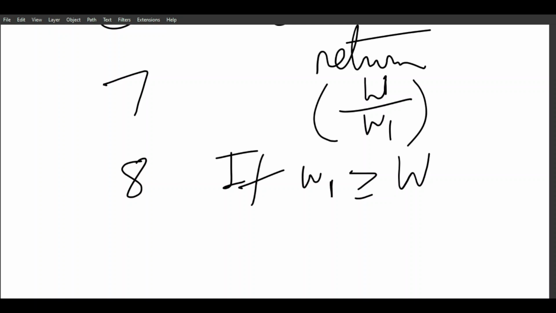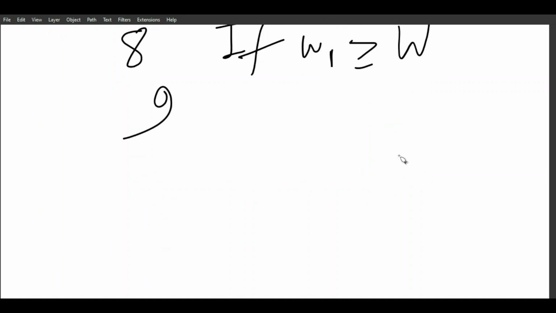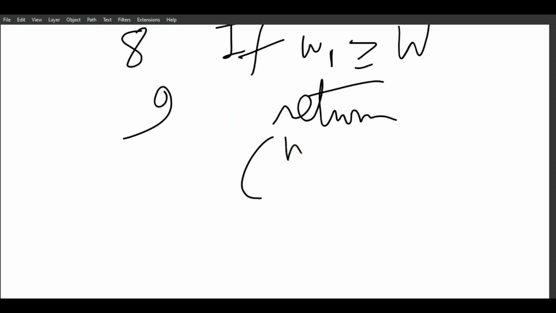So the problem is solved here itself. No need to take any more items. This is capital W divided by w1 and all zeros. This is our solution.